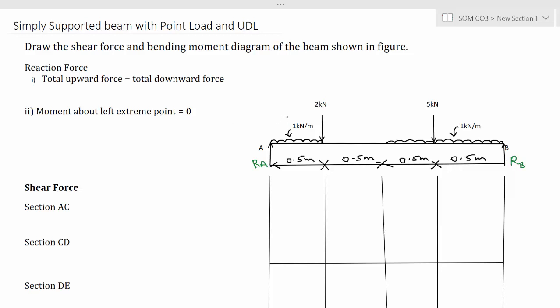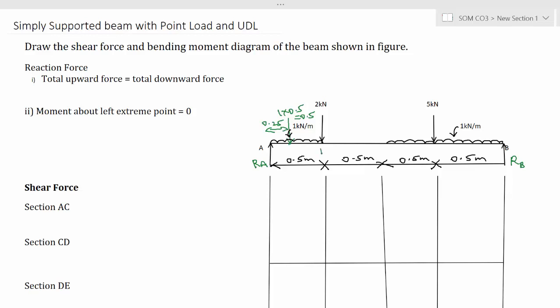First I am going to convert this uniformly distributed load into a point load, and its magnitude is 1 into 0.5, that is equal to 0.5, and it is acting at a distance of 0.25, so half of its length. Then here a point load is acting at the center of the UDL, so I am going to split the UDL into two.